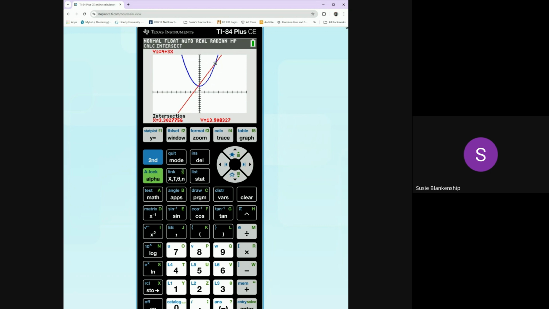I'm at y equals 13. This is positive, positive, right? X is positive and y is positive. So when you get an intersection, you should also be evaluating it. Just because your calculator did it doesn't mean it's right. You could have been the one that put it in wrong. Okay, so make sure that you draw it on your graph as well.